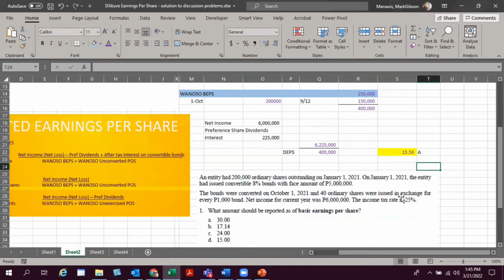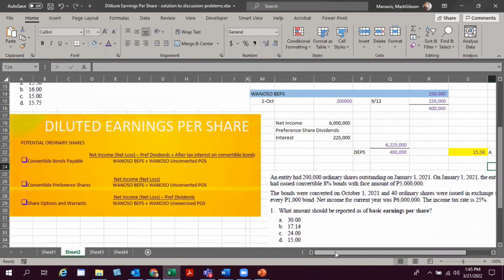I'm not even sure if it's 30% for 2021. But the point is, do not argue with the problem. This is not your tax subject. We have to follow what's provided in the problem. So in this case, it's 25%, so let's use 25%.